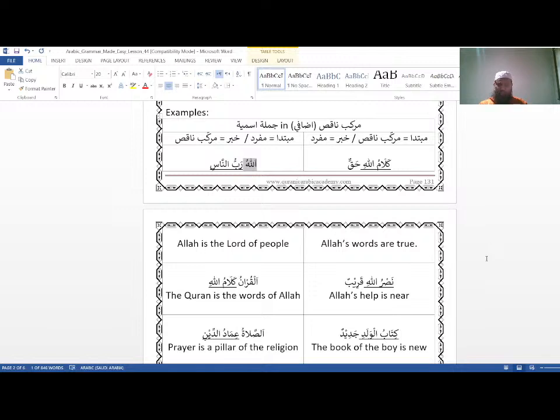The book of the boy is new. Next, mubtada mufrad, As-Salatu Imaduddini. Khabar is a phrase. Prayer is the pillar of religion.